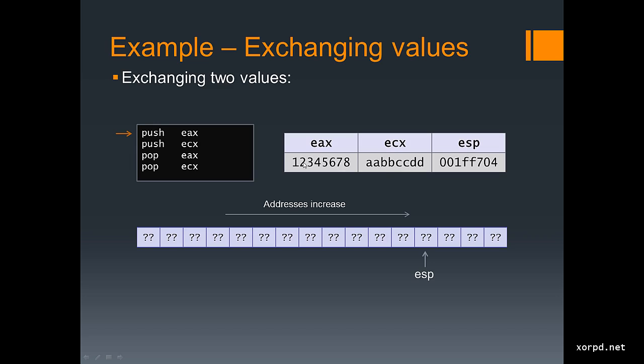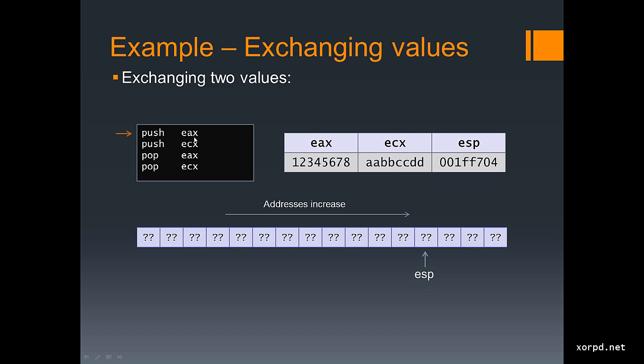And we want to exchange those two values, which means that in the end of this process, we want this value to be inside EAX and this value to be inside ECX. This is a picture of the stack in memory, and we assume that the addresses increase to the right. We also assume that ESP points to this location.